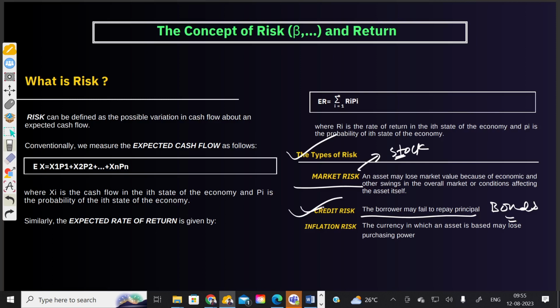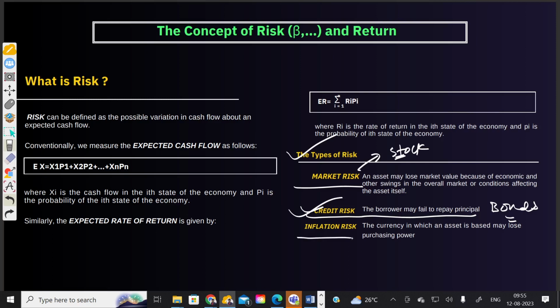Why? Because you offered credit, and now that company is not able to repay your amount. Vice versa, if you have taken a loan and now you're not able to repay that loan due to some reason, maybe you lost your job and can't pay the personal loan, that loan becomes the credit risk, correct?